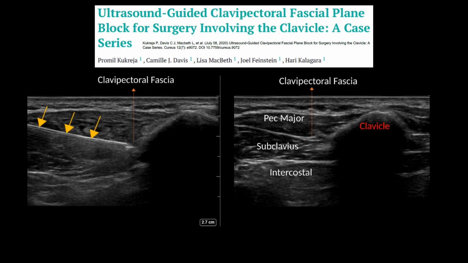So here is the author's example of a caudal to cranial projection of the needle entering the clavipectoral fascia. It should be noted that this will cover the osteotome of the clavicle, but does not cover the dermatome, so you will have to provide an additional supraclavicular nerve block coming from the cervical plexus in order to properly cover this block.